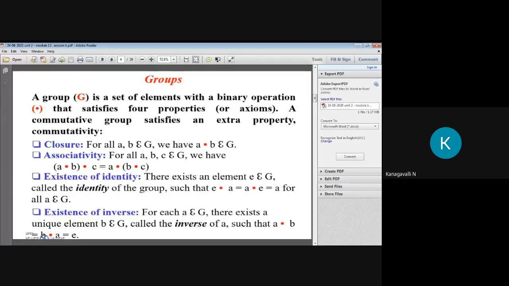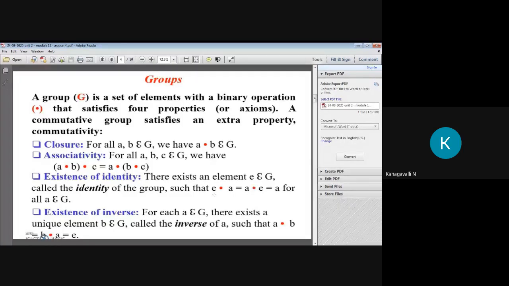If it is multiplication, the identity value is 1, because multiplying any integer by 1 gives the same integer. Similarly, in addition, adding any number to zero gives the same number. So if you are doing addition, the identity is zero; if multiplication, the identity is one.